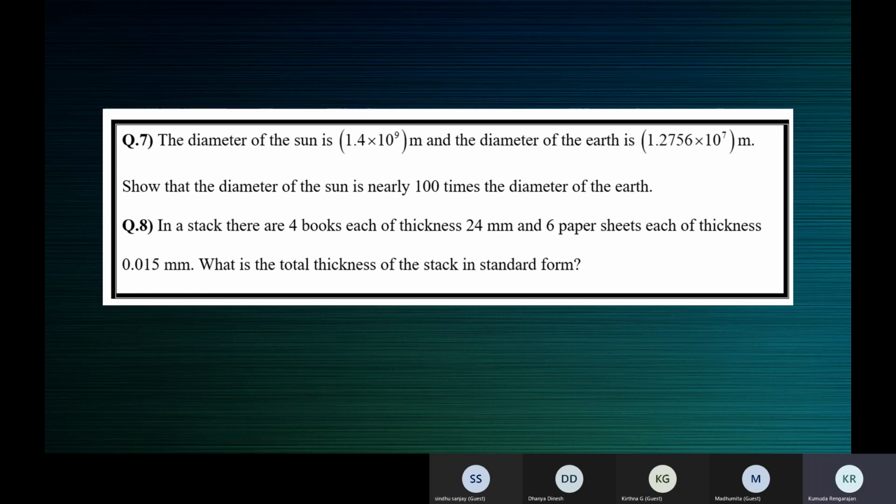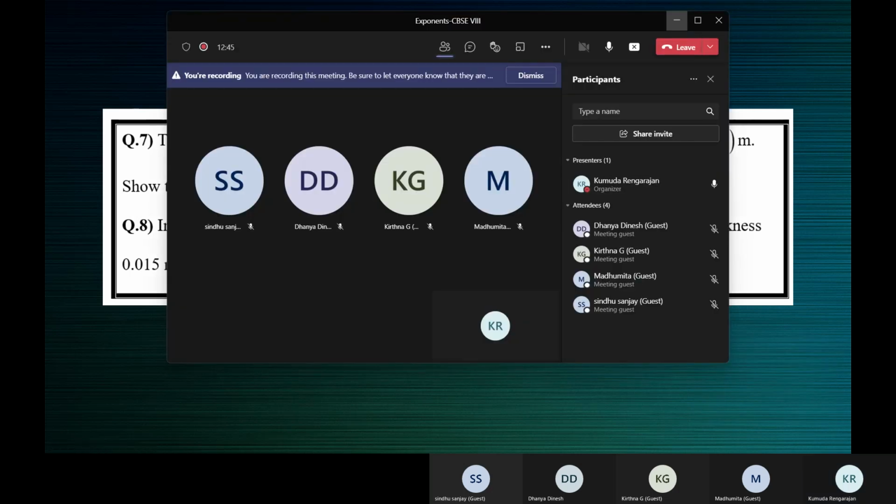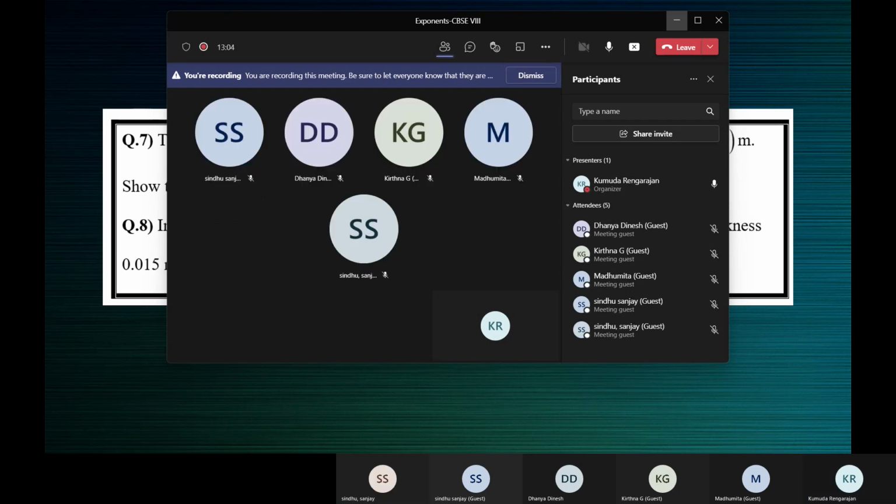Now what do we do? Some of them have not finished. When will it be ready, children? The others, Sindhu, Sanjay, and Madhumita? Ma'am, I'll try my best to submit it by Saturday, ma'am. Saturday. What about Sindhu and Sanjay? Can you keep it ready by Saturday, Sindhu and Sanjay?